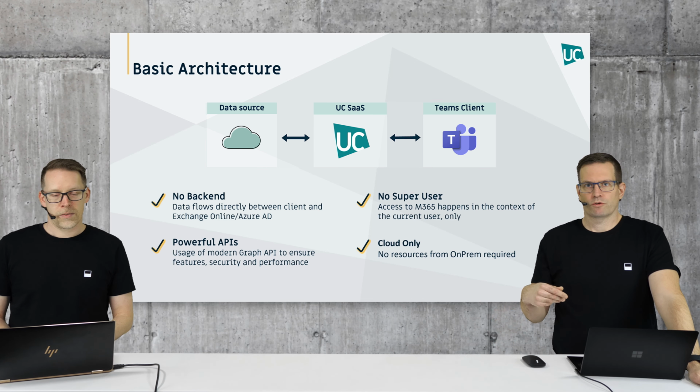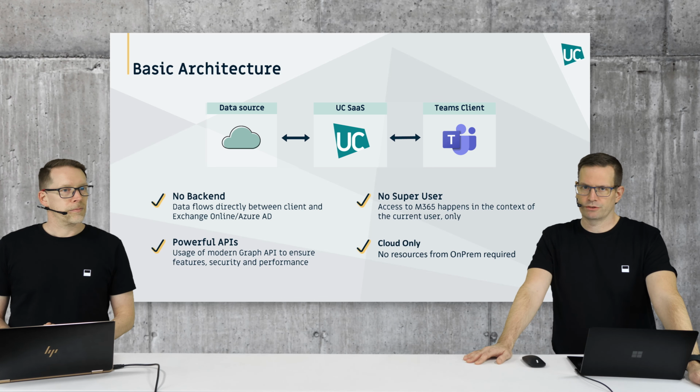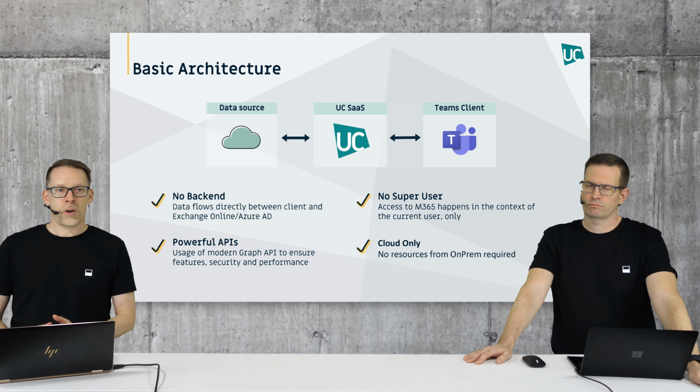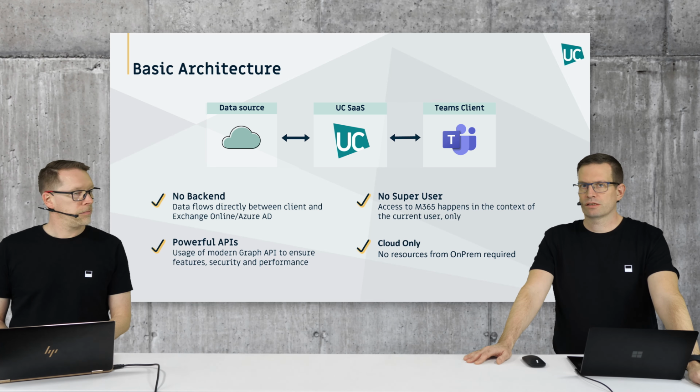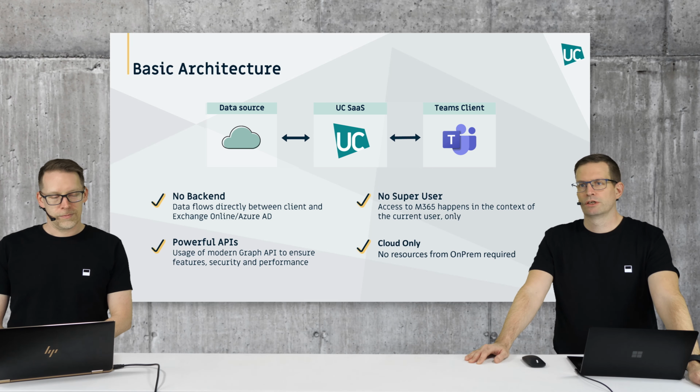All the search and access to your data is in the context of your current user. And as we already said before, the powerful Graph API makes everything high performing and secure. At the end, it's a cloud-only solution. So just search for it in the Microsoft Teams App Store, add it, and then you are good to go.